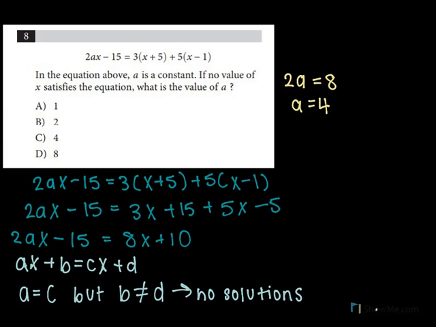So the equation 2ax minus 15 equals 8x plus 10 will have no solutions if a equals 4. So our answer is going to be option C, which is 4.